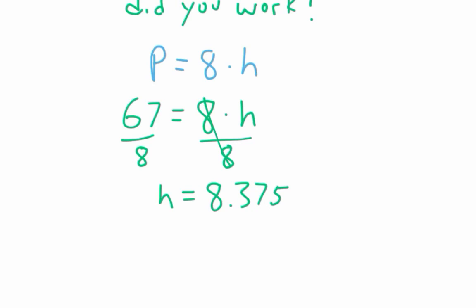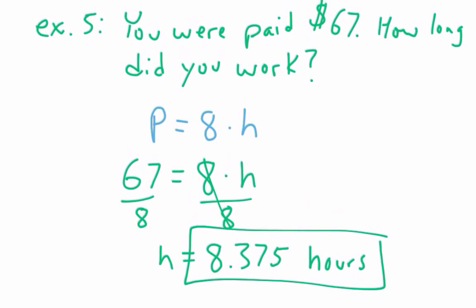And the units for that would be hours. Focus, we're almost done. But you just solved for H. H was the amount of time you worked, so H was the number of hours to get the $8 an hour. So you would have to work 8 3/8, or 8.375 hours to get the answer. Any questions?